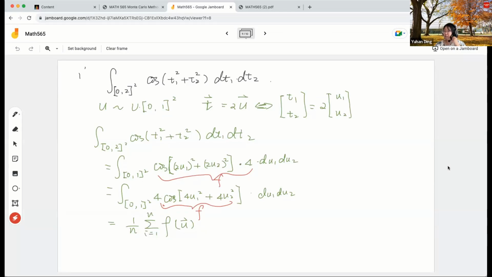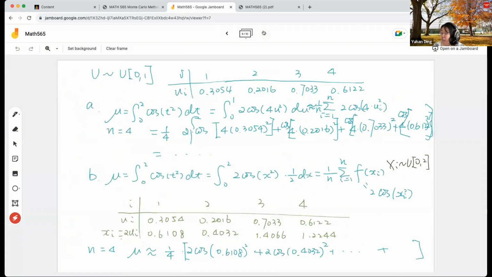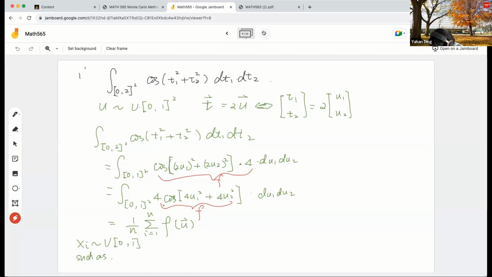Then suppose, as I said, we have 4 different values. So you're being given some, let's say, xi following the uniform distribution 0, 1. Just let me use similar values we have, but it doesn't matter.